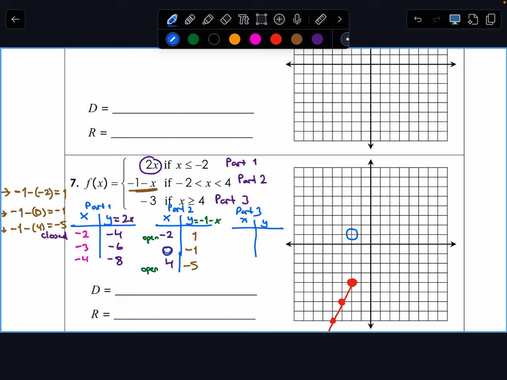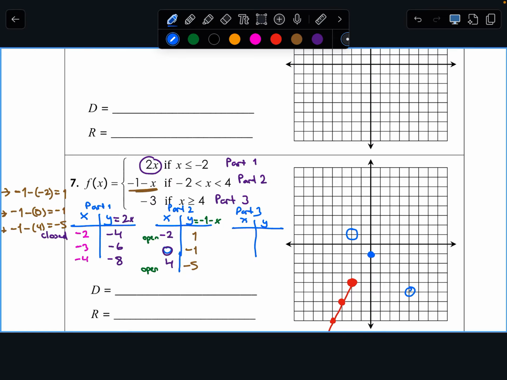Then we got to plot the other points. We have 0, -1. So 0, -1, we're just going to put just like this. And then 4, -5. 1, 2, 3, 4. And then down 5. Is going to be a what kind of circle? Open. So we're going to put another open.